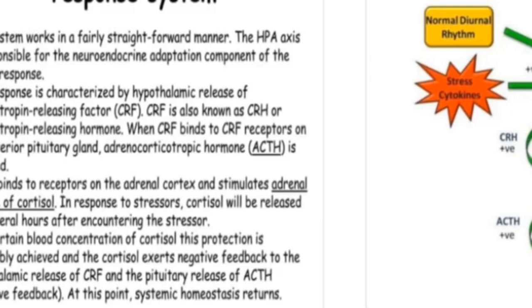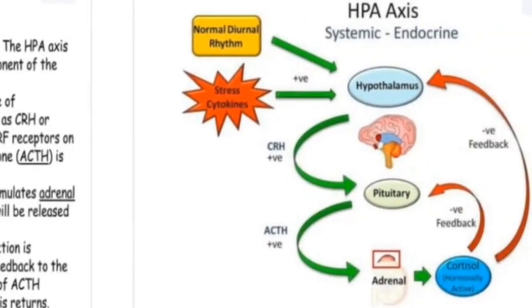At a certain blood concentration of cortisol, this protection is achieved and the cortisol exerts negative feedback to the hypothalamic release of CRF and the pituitary release of ACTH. At this point, systemic homeostasis returns. So this is the chart. Simple.